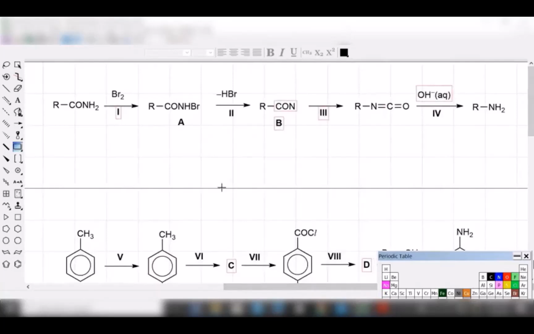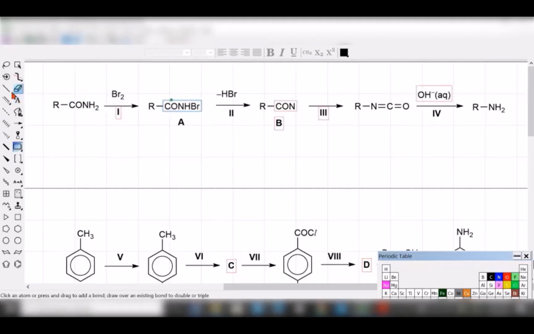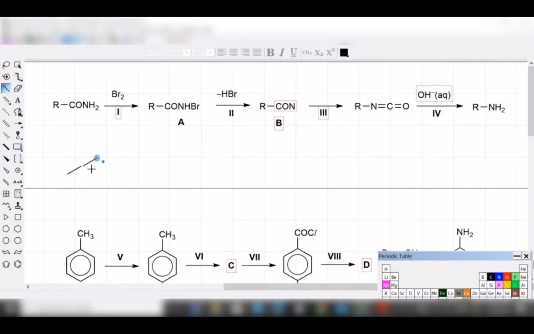First, if I were to look at this amide, with bromine I get this. Let me draw it out first, it might be easier.